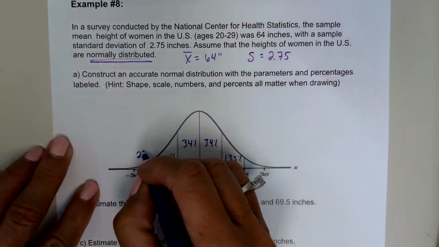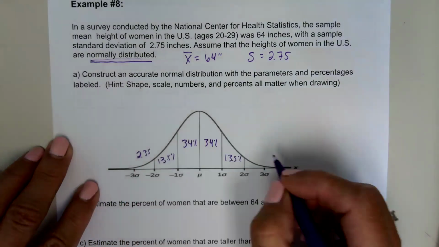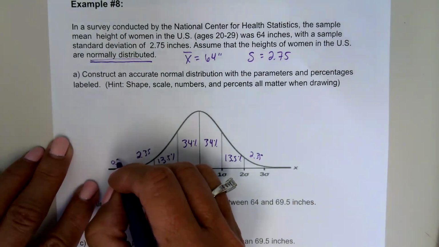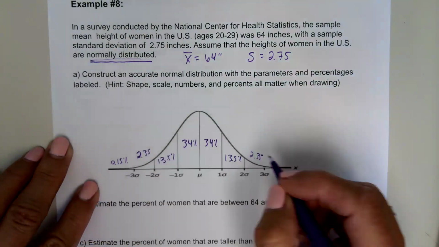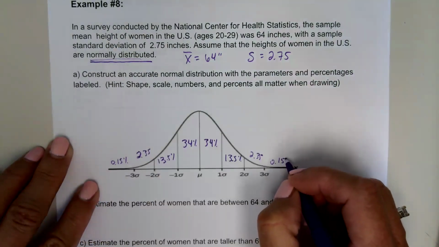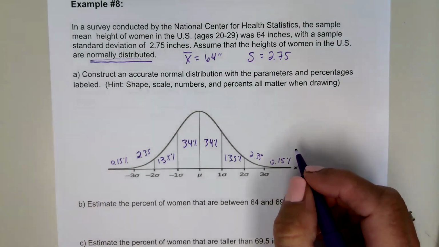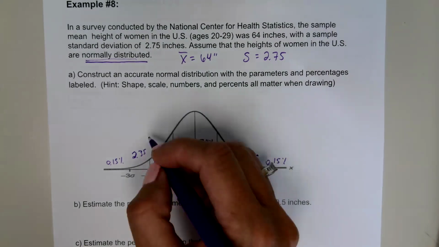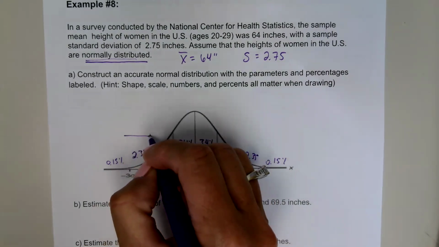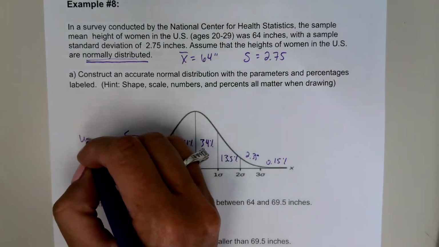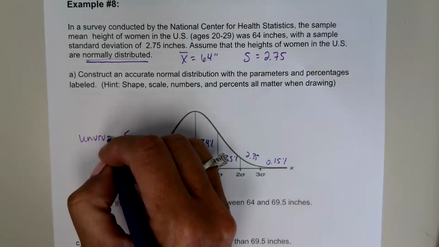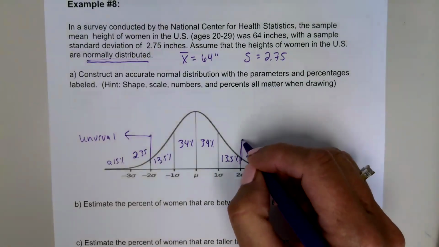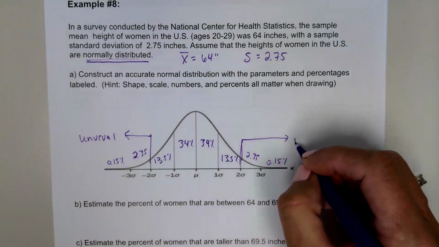Then 2.35% here, and then 0.15% past 3. So anything outside of two standard deviations below or above would be considered unusual. I always draw that on my graph, my picture, because I'm going to usually reference it somehow or look to see if I have unusual data points.